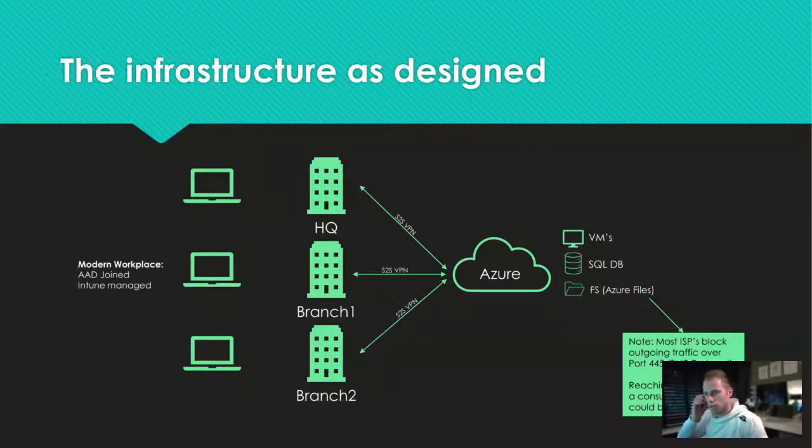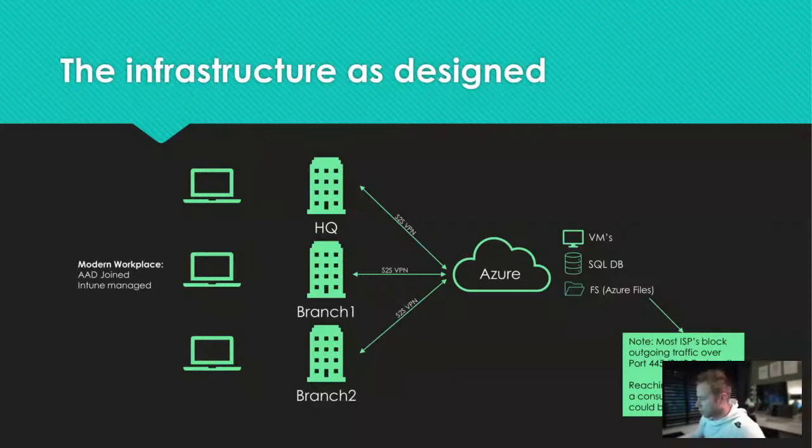Other services they were using, like Outlook, SharePoint, Teams, are all internet facing, so they didn't need a VPN for that. Within Azure, they were running a few virtual machines, some SQL databases, and Azure Files, which is basically a simple file share.